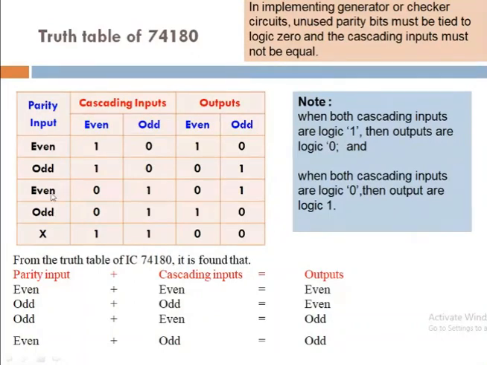But if it is an even-odd combination, then the output bit is considered 1. But in that case your cascading input should be 0. If you change the cascading input to 1, then your logic will be reversed. You can observe here. Okay, so while implementing, we'll see the different functionalities of the 74180, how we can apply this function table.